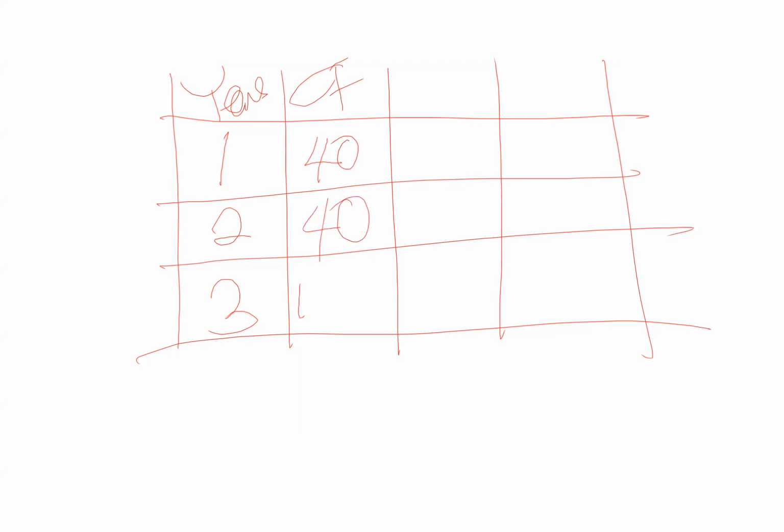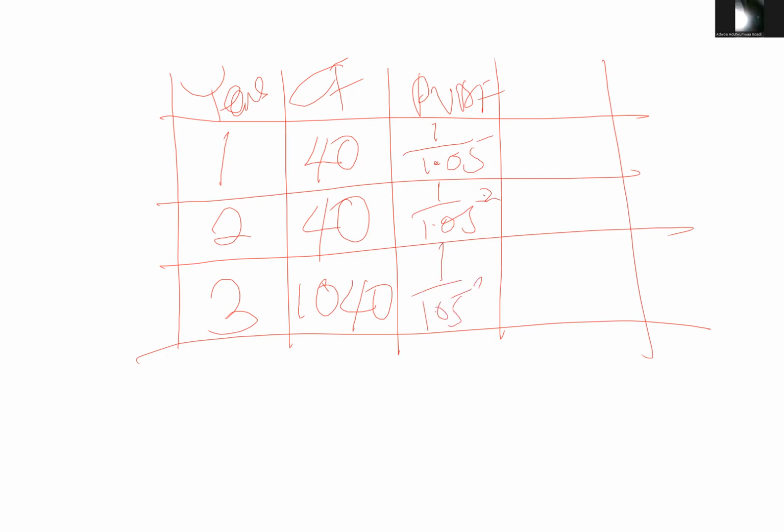In the final year you receive the 1,000 you have invested plus the 40, so 1040. Are we getting there? What is the present value discount factor? It is 1 over 1.05, then 1 over 1.05 squared, then 1 over 1.05 raised to the power 3. Do you know where I got the 1.05?